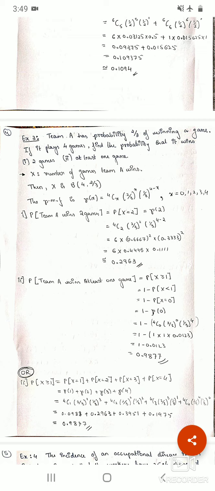So here 4 is our n, that is parameter n. So we have to calculate the probability that in the 4 games which it plays, what is the chance that it wins 2 games and what is the chance that it wins at least 1 game. So thus we will solve using binomial distribution.